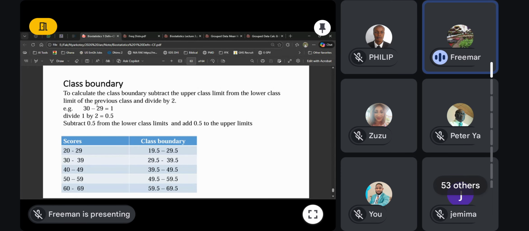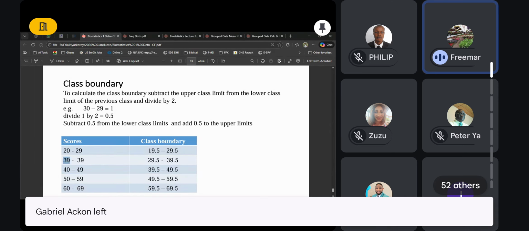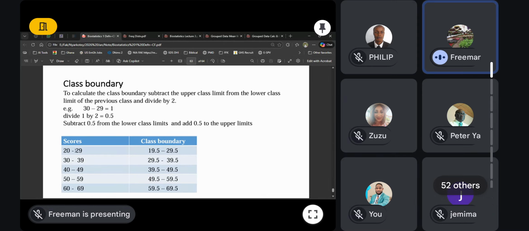You find their average, and that will give you 0.5. Another way of doing the same thing is to take the lower class limit here and subtract the upper class limit. 30 minus 29 gives you 1. That gives you 1 before you divide by 2. When you divide by 2, you get the same 0.5.